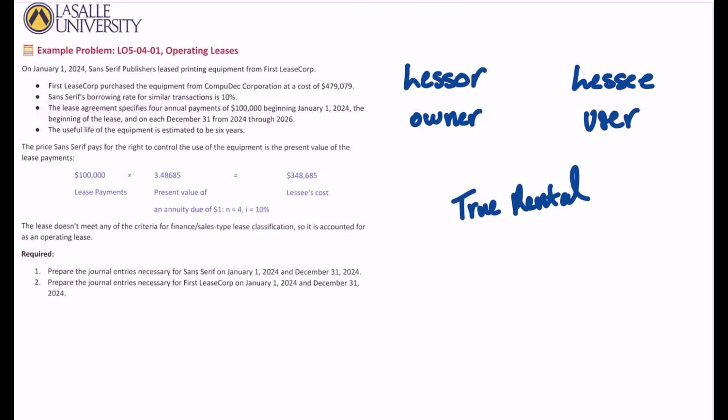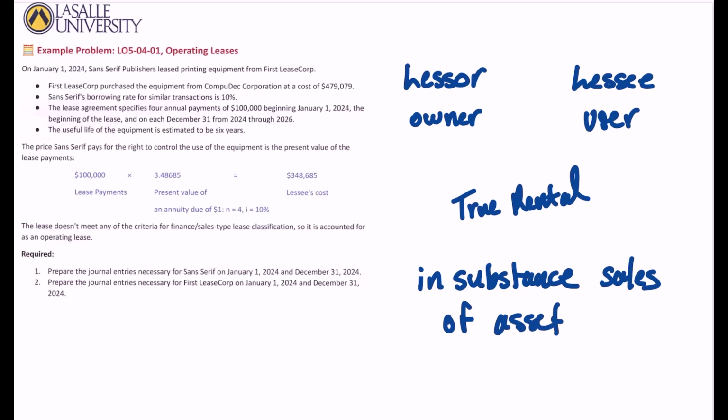So if you remember in a prior video, we said that some leases are in substance sales of assets, but they take the form of a lease. So the legal documentation, the lease agreement, says lease, but in substance it's a sale of an asset. But here with operating leases, this is a true rental agreement, okay?